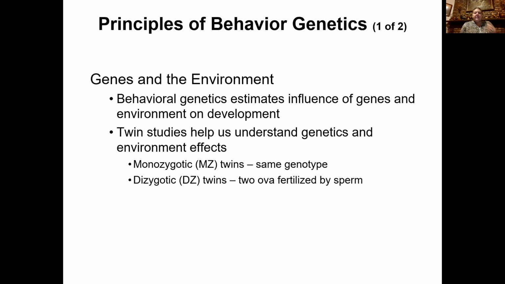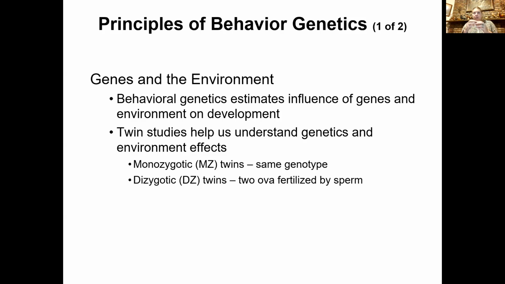So a lot of our information comes from twin studies, and these twin studies look at either monozygotic twins or dizygotic twins. Monozygotic twins have exactly 100% the same genotype. They look identical with their genotype. What happens is a sperm and an egg fertilize and a zygote is formed.